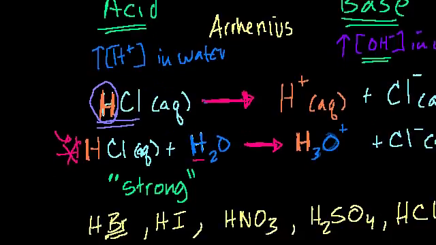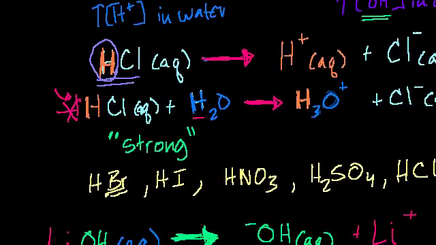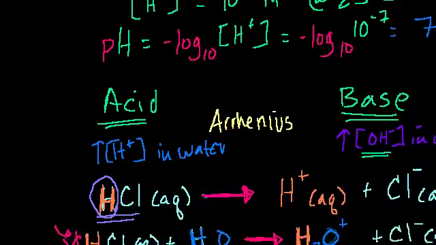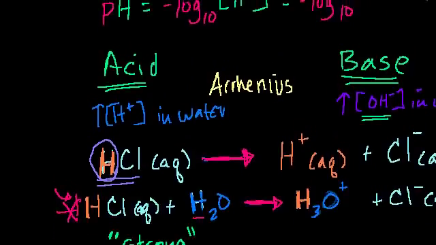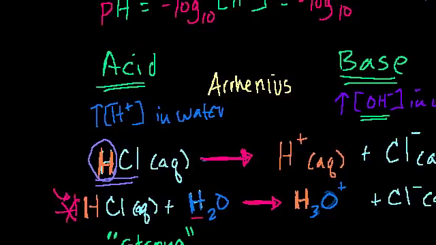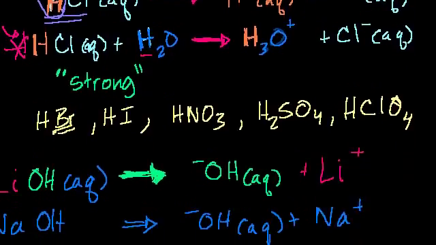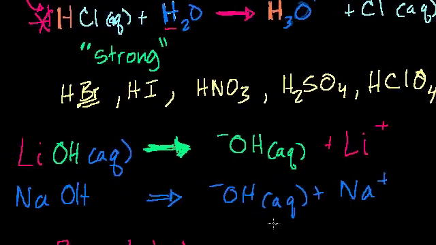And a Lewis base is what? It's an electron donor, right? So if you have lithium hydroxide, when it goes into water, there are a couple of ways to think of it.